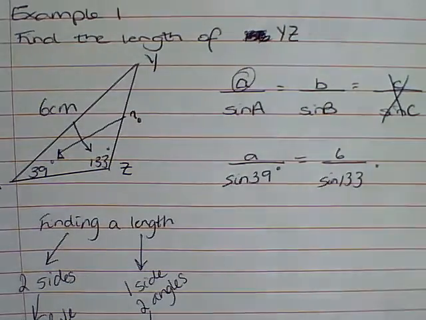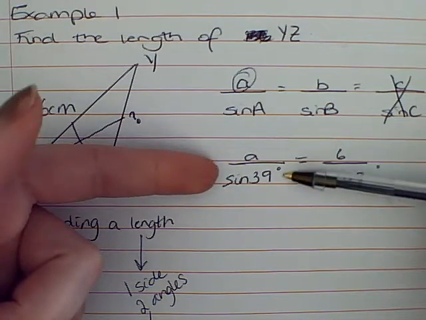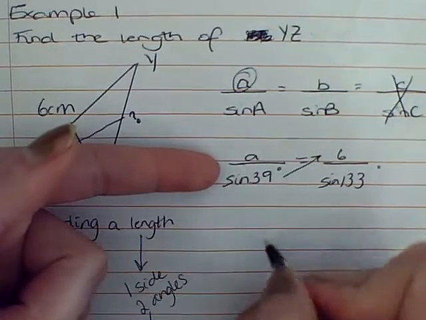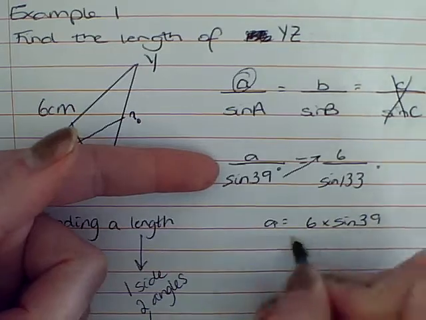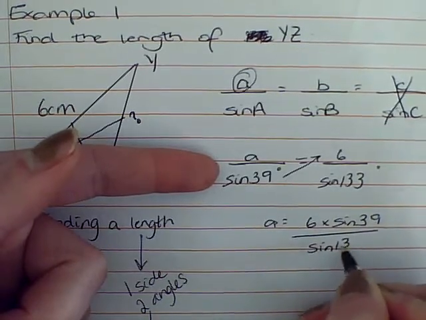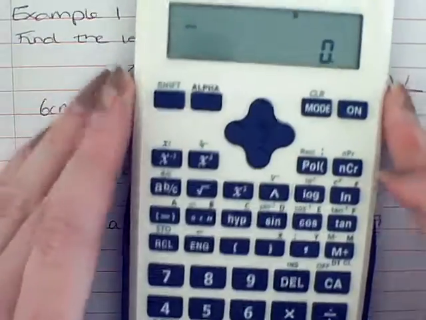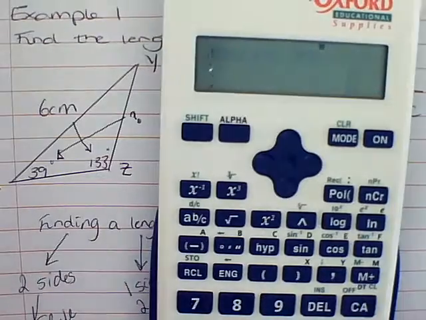My next step is to get A on its own. Now I've got A divided by sine 39, so we're going to multiply, we're going to take that over. So A equals 6 times sine 39 divided by sine 133. When we type this in the calculator, I like to type in the first line and hit equals.